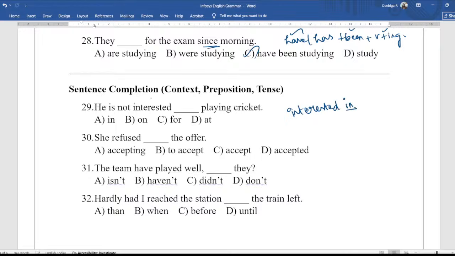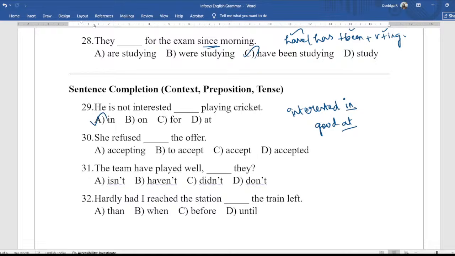Interested in something, you can only be interested in something, not on, for, or at something. Okay, you will be good at something. Good will always be followed by at. You can be good at something, but you can only be interested in something. You will not be good in something. He is not interested in playing cricket.